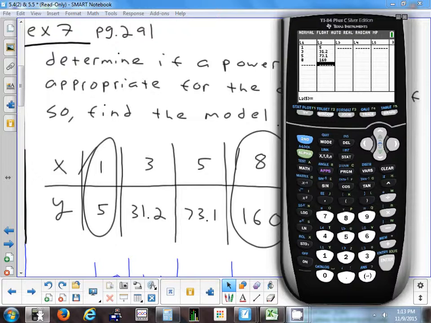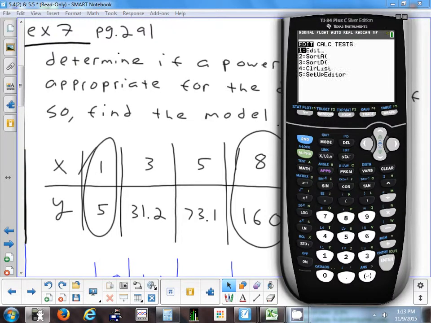Okay, next step is we got to tell the calculator what kind of model we want it to find. The calculator could find a line, it could find a parabola, it could do whatever you want it to do. We want it to do a power model. So you're going to go back to Stat. This time you're going to go to Calc and scroll down until you see the one that says Power Regression.